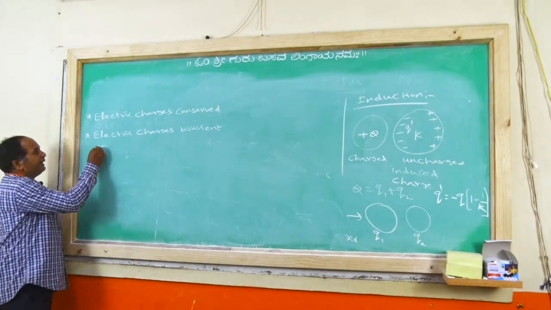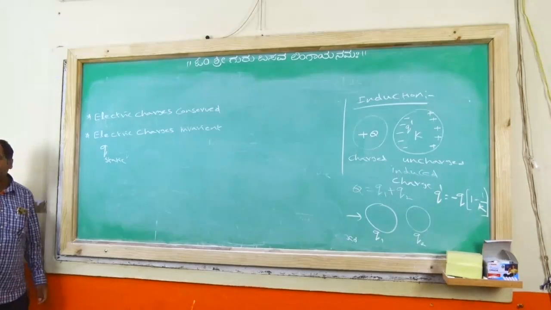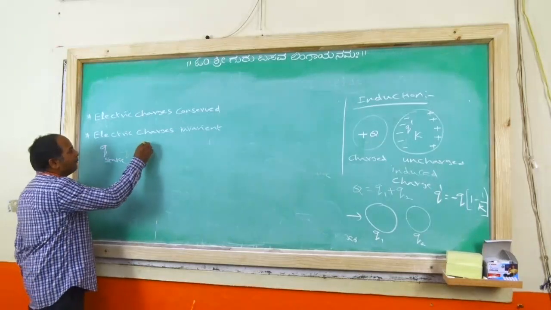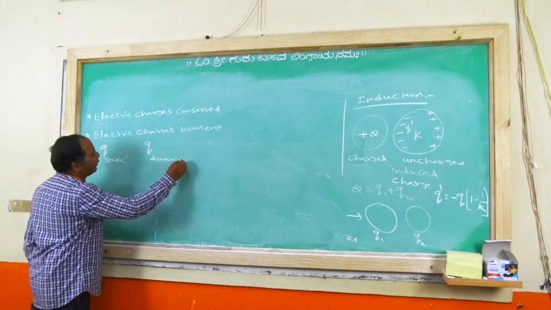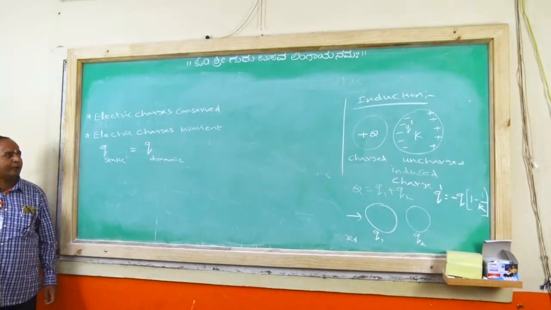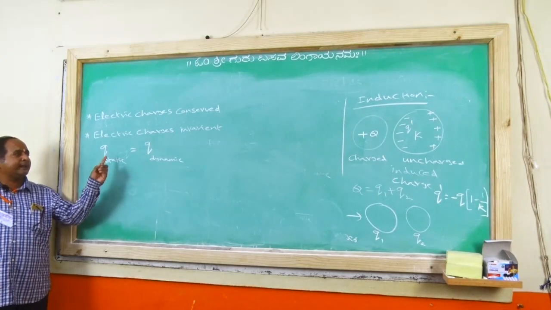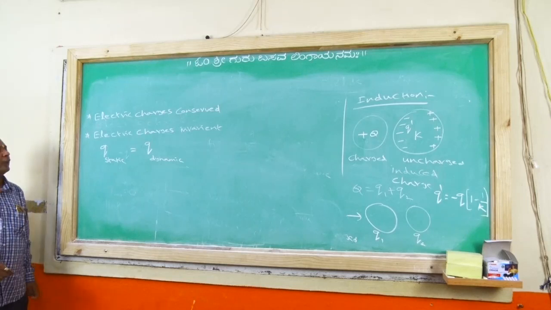If the body is at rest, the charge is Q static. If the body is in motion, the charge is Q dynamic. So Q static is equal to Q dynamic. That means whether the body is at rest or in motion, there is no change in charge.